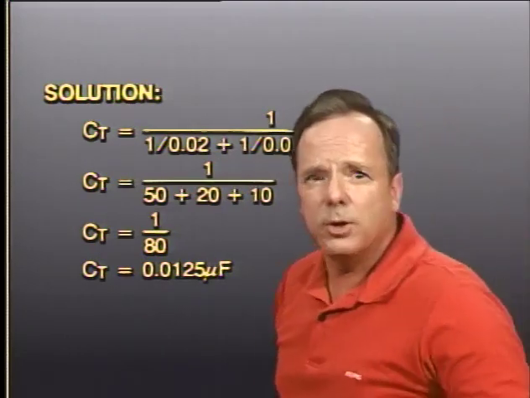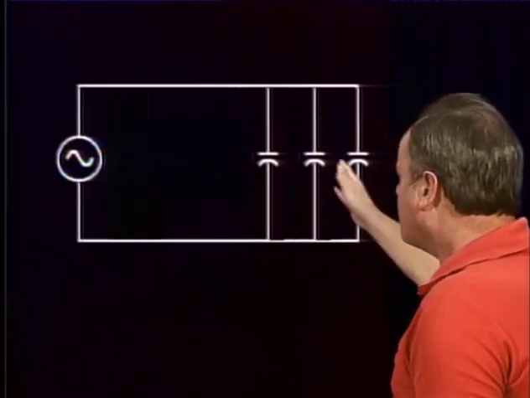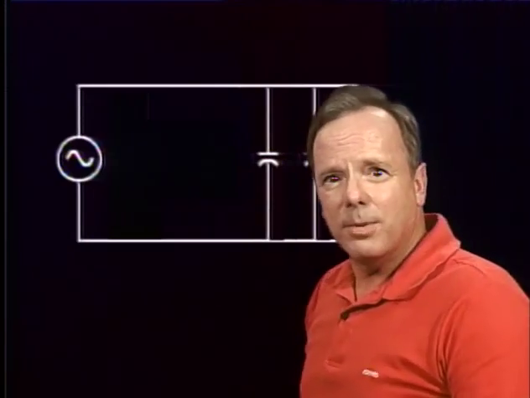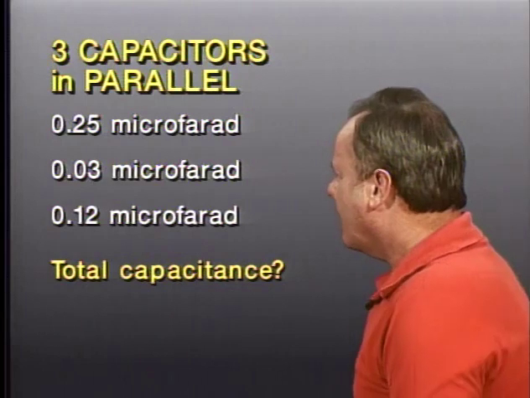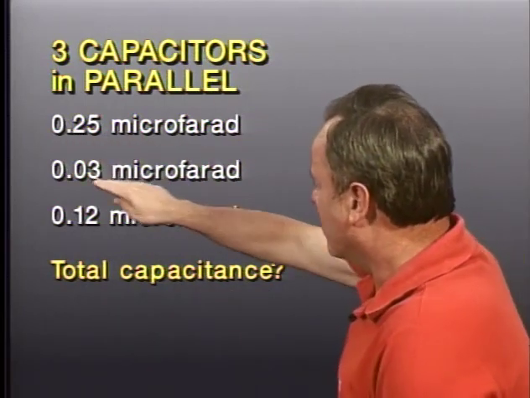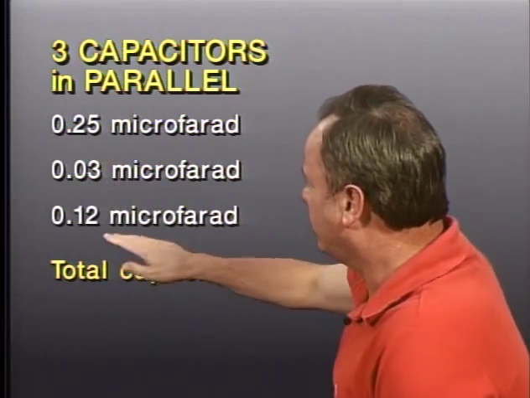Now, what happens when you put capacitors in parallel? When you put capacitors in parallel, the total capacitance is equal to the sum of all the capacitors. Now all you have to do is add them up. They'll ask you another question about that. They're going to say you have three capacitors in parallel: 0.25 microfarad, 0.03 microfarad, and 0.12 microfarad.